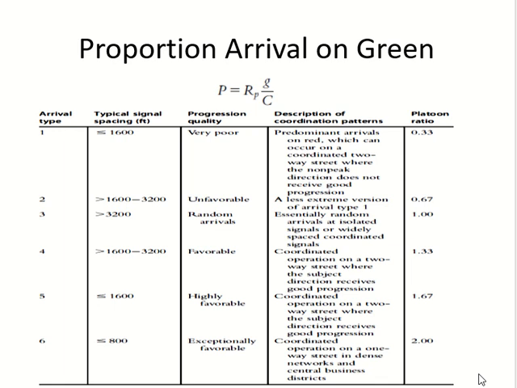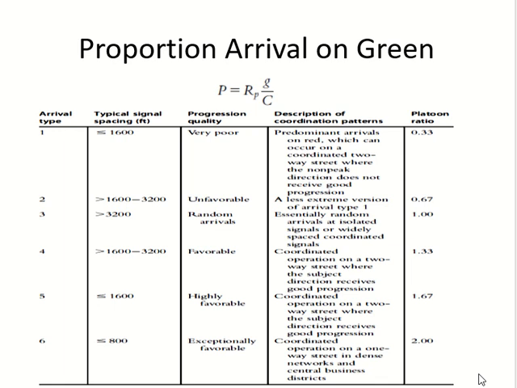The type of arrival is explained here, and it's coded with a number. So 1 means most of the arrivals are during red, 2 means a less extreme version of this one, 3 means a random arrival, and so on. The explanation is given for what each arrival type means, but it's coded with a number here.